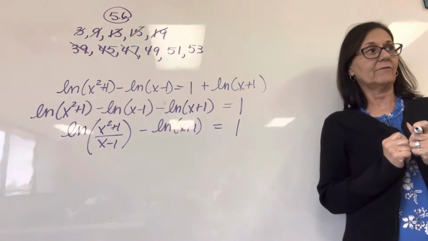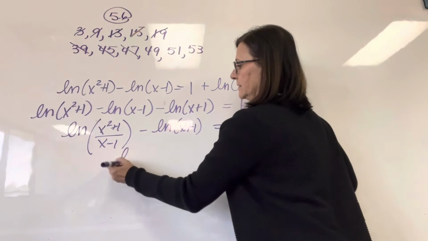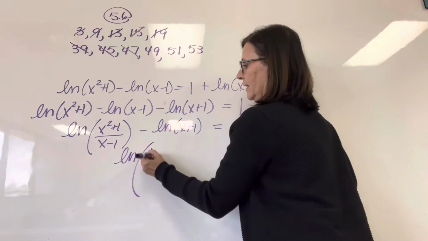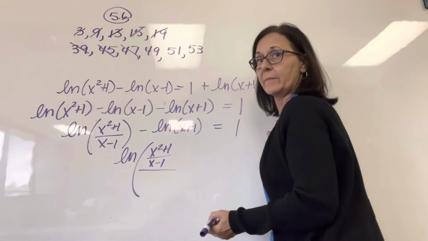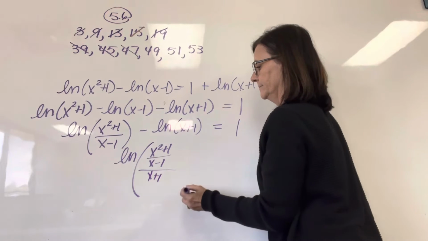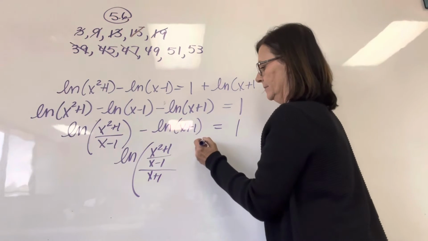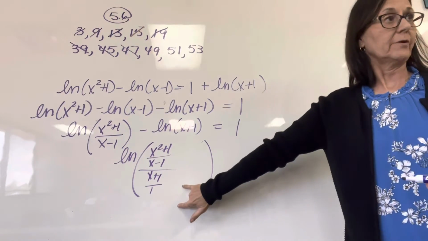Now we divide again. So now this is the ln of x squared plus 1 over x minus 1, divided by x plus 1. Let's simplify it and multiply by the reciprocal.